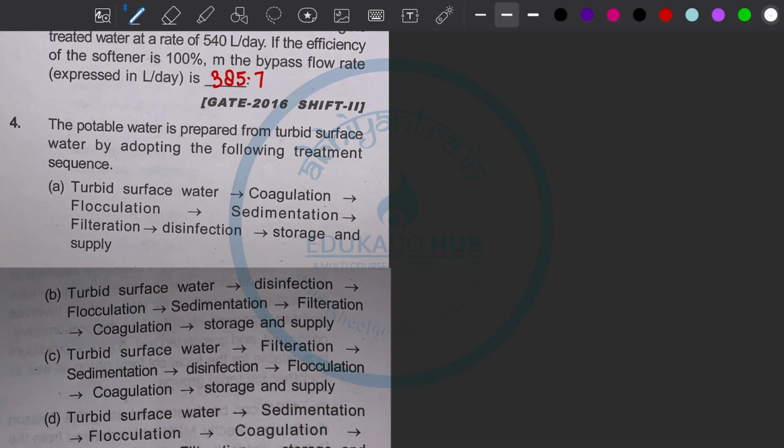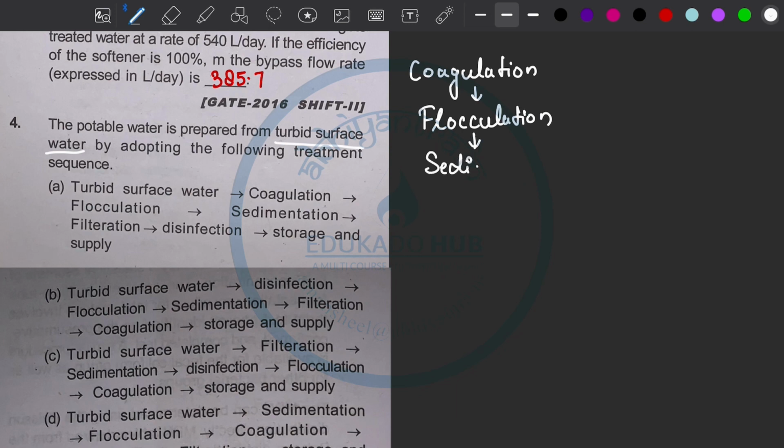The correct sequence of treatment of any turbid surface water is: first coagulation, then flocculation, then sedimentation, after that filtration.